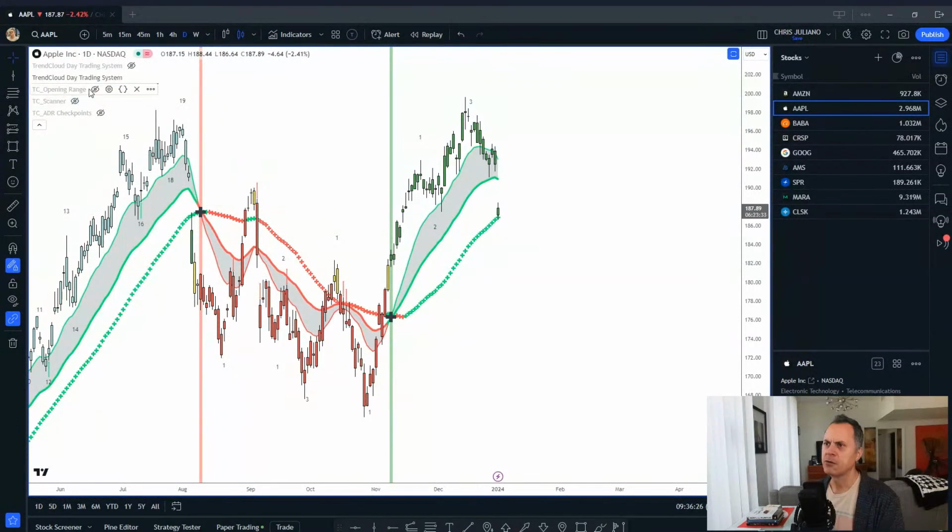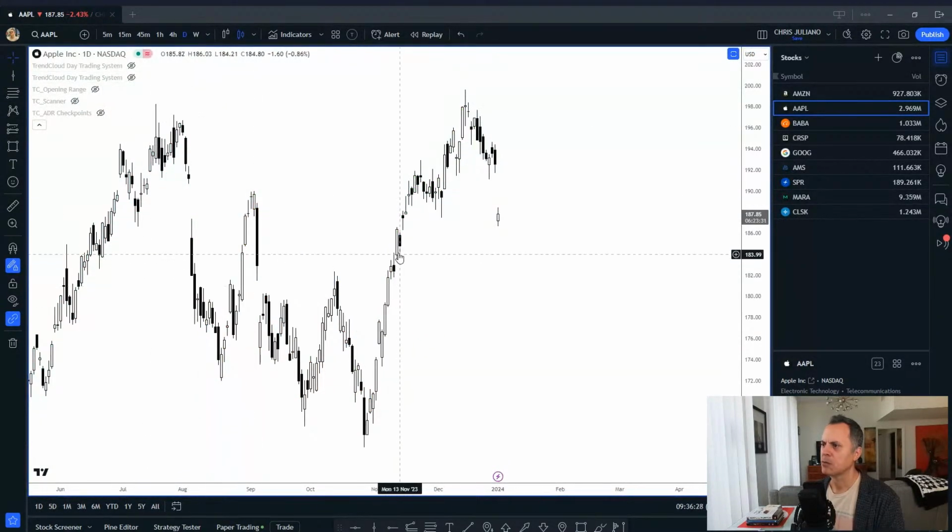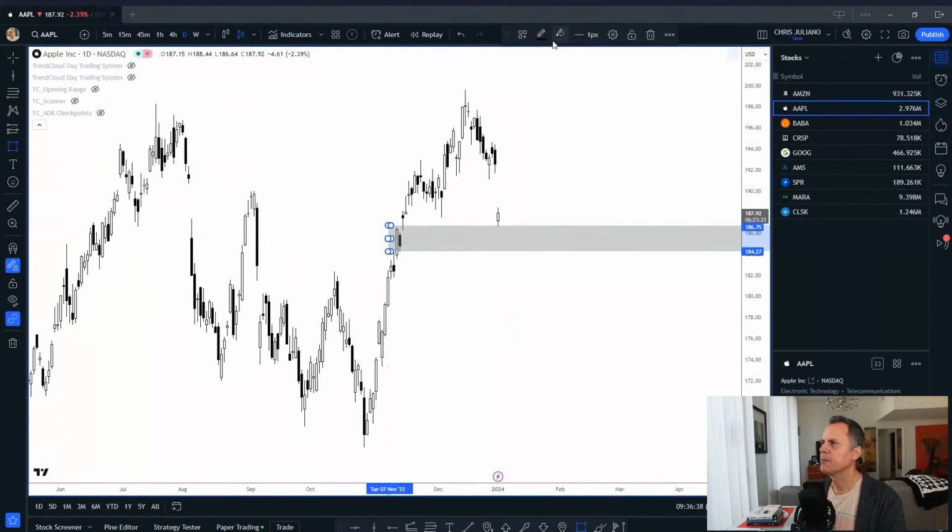So right here, you can see rally, base, gap up, rally, right? Right here. Right in here. Okay. So they're saying, wow, they're saying 160.